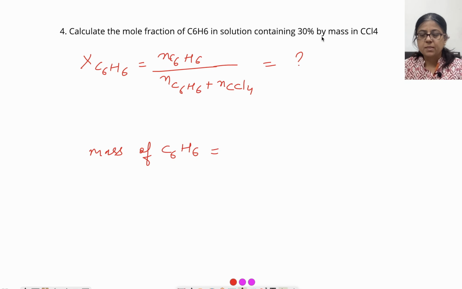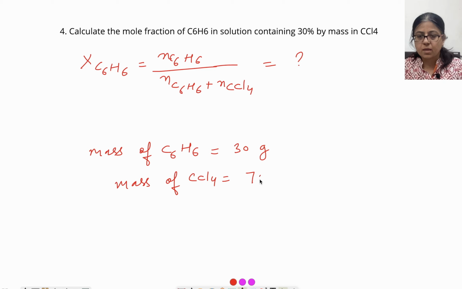If it is 30% by mass in CCl4, this means that benzene has 30 gram mass, and the mass of CCl4 is equal to 70 gram.